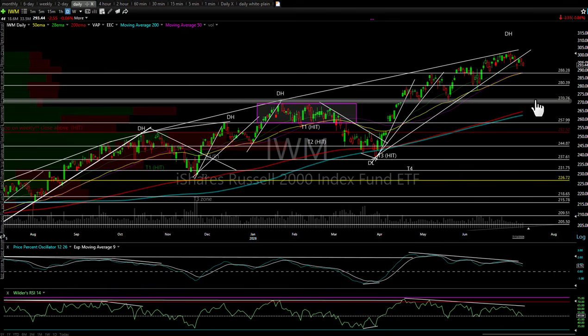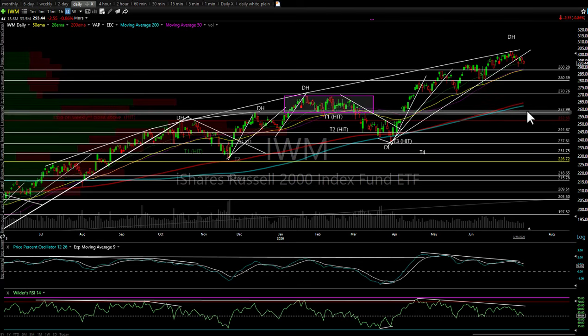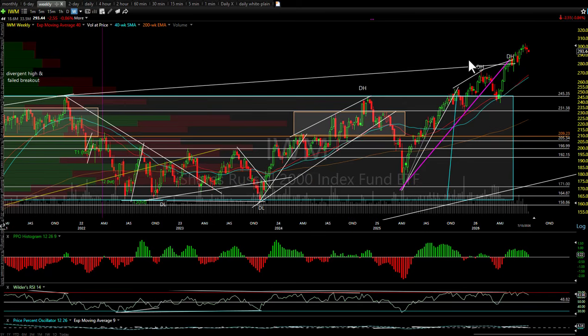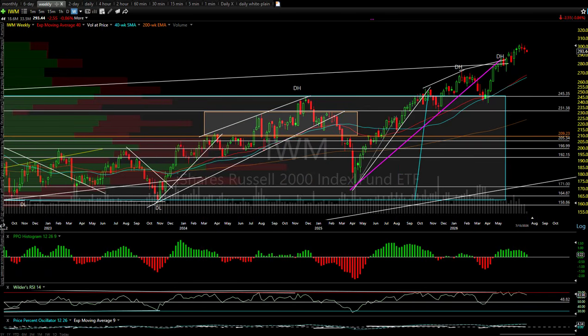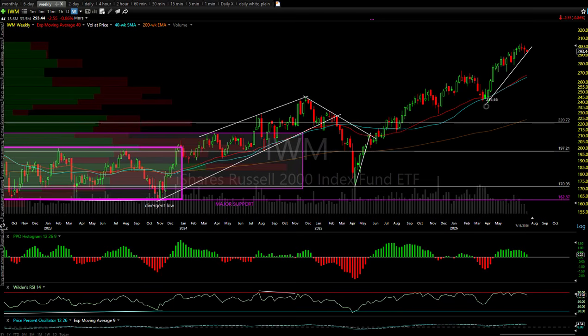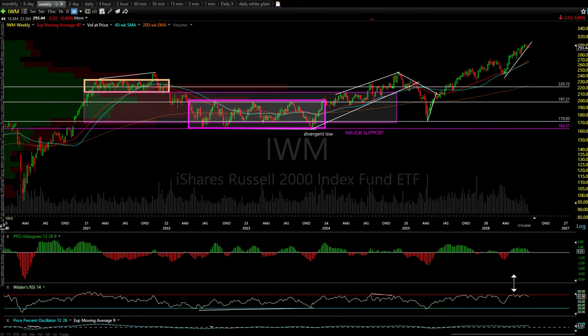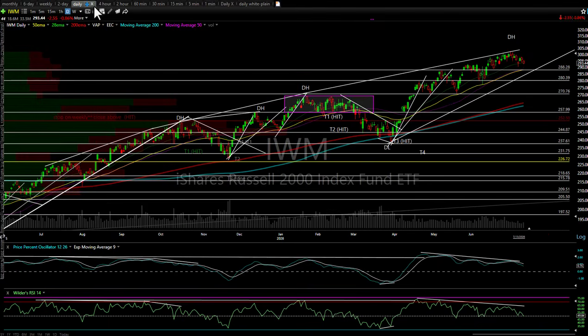These are all support levels, and again, I think longer term, especially when I look at the weekly chart, that's a mess. Let me see if I have a clean board to draw it for you. That's that most recent uptrend line that just broke on the daily. But like everything else, there's big divergence that's been building for a while on the weekly charts, even the monthly charts of most of the indexes.